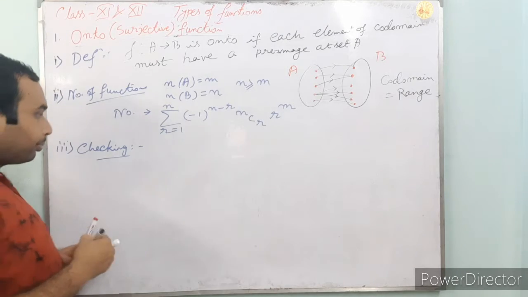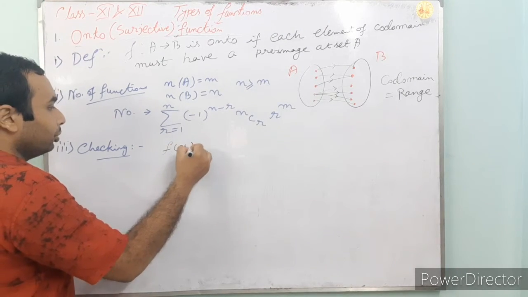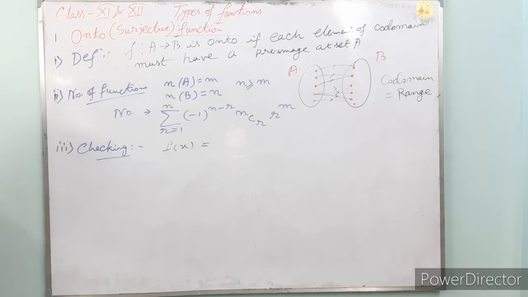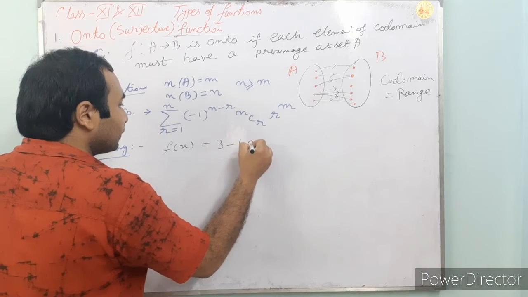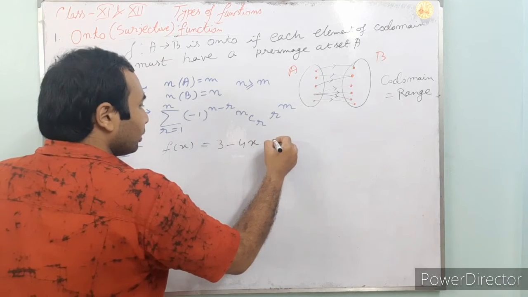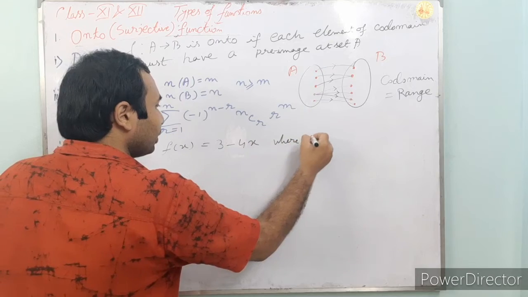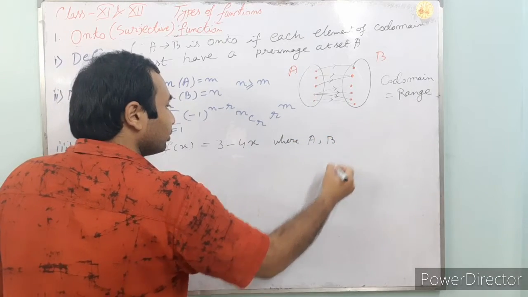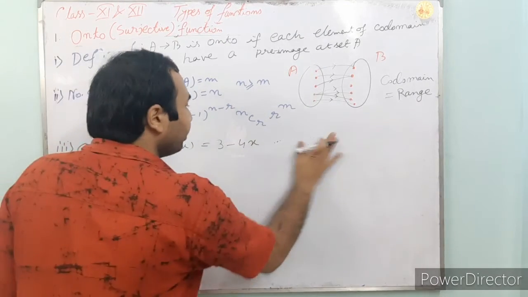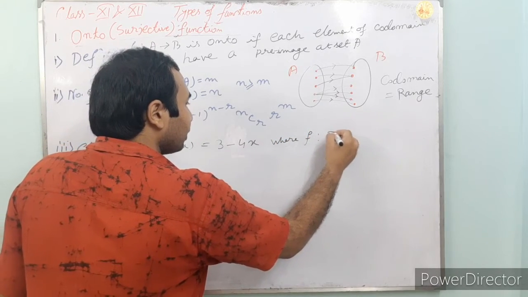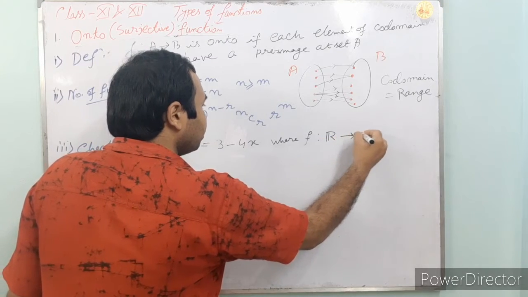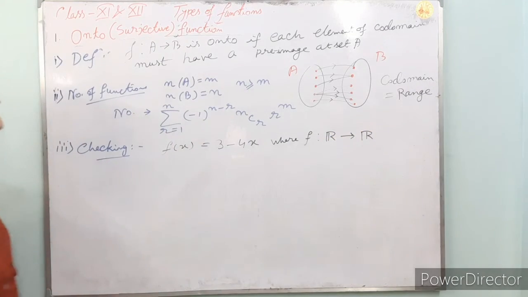I am taking one example: f(x) = 3 - 4x, where f is defined from real numbers to real numbers.